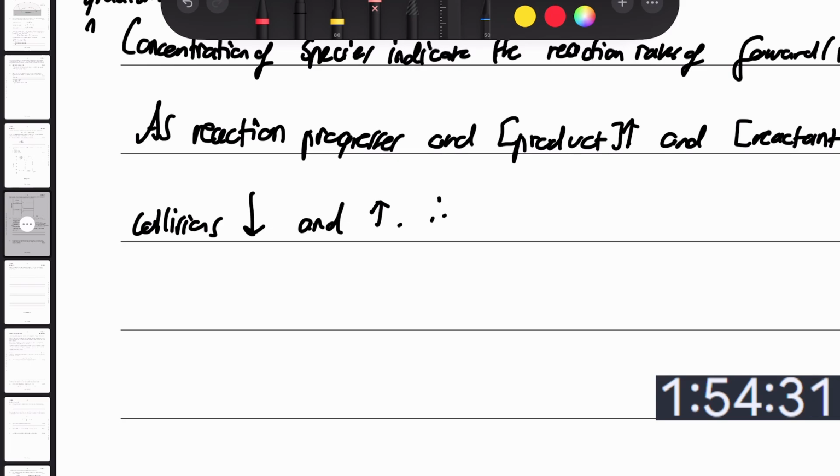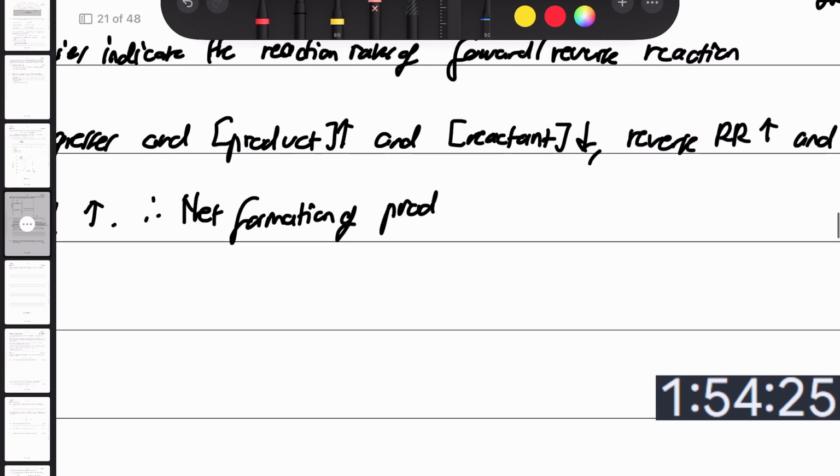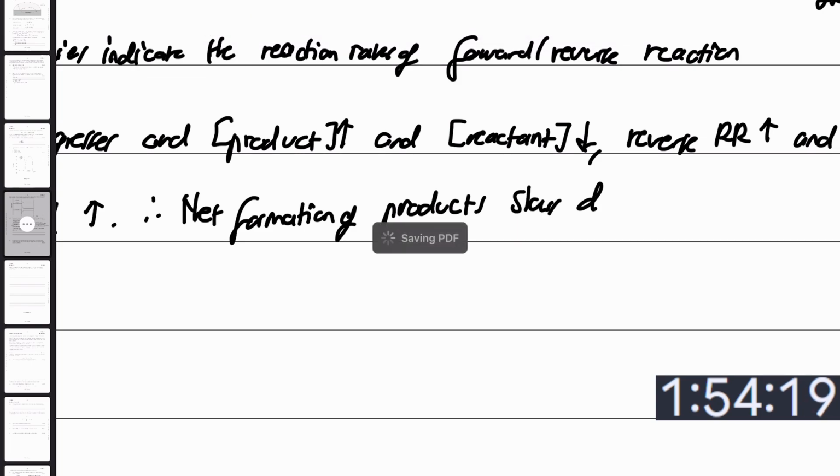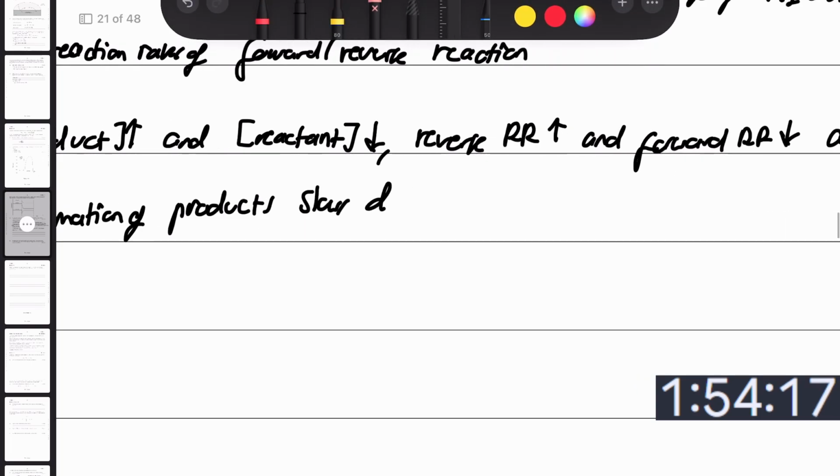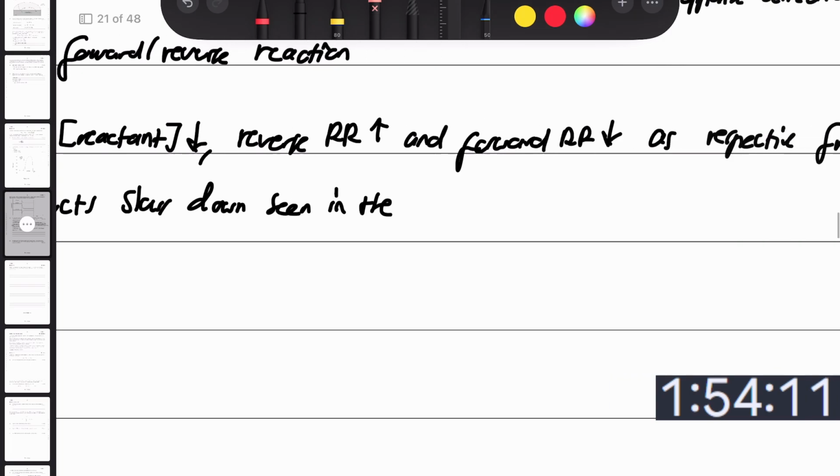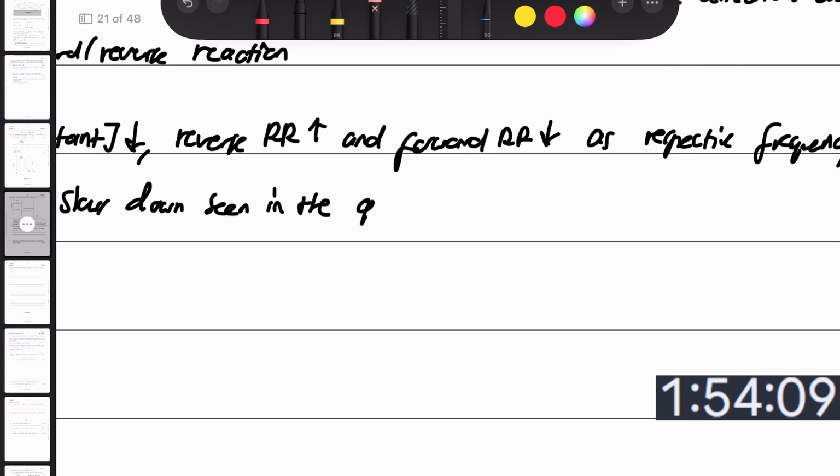For formation of products slows down, seen in the gradients getting flatter.